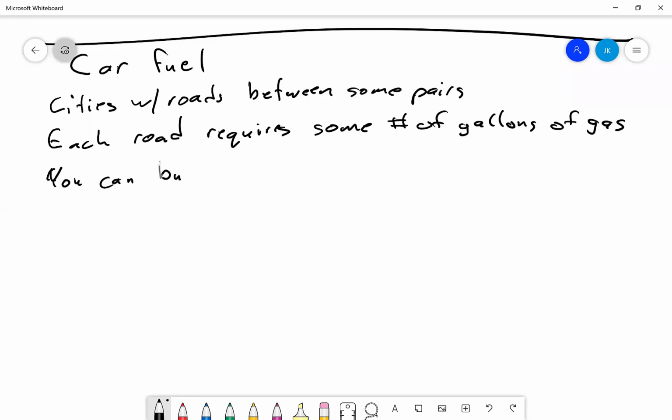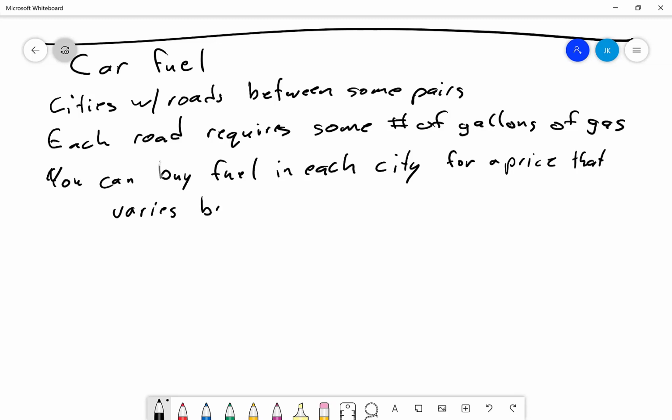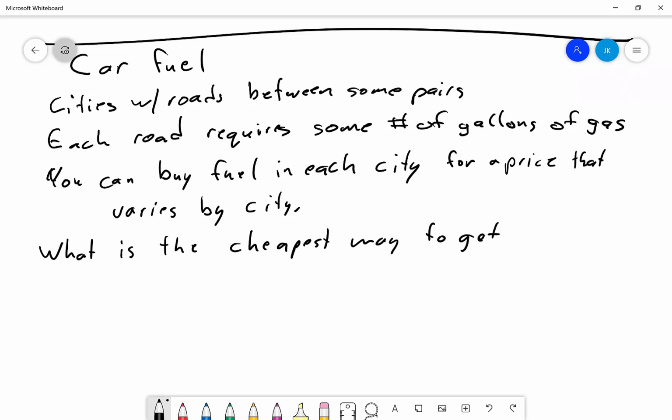You can buy fuel in each city for a price that varies by city. And then the question is, what is the cheapest way to get from a start to a goal?